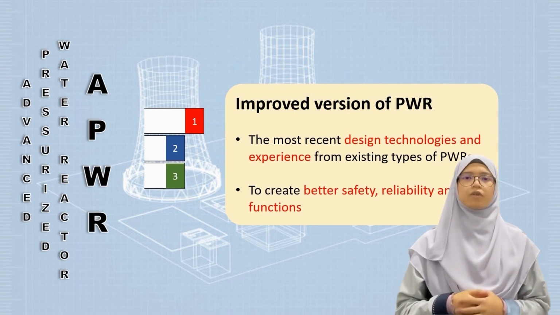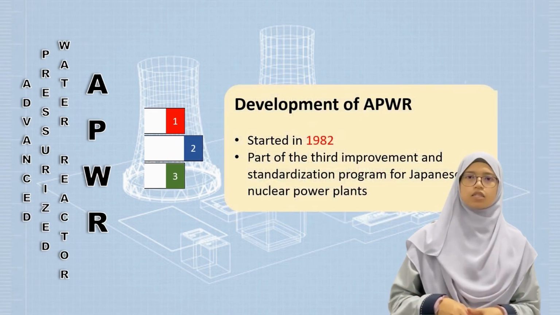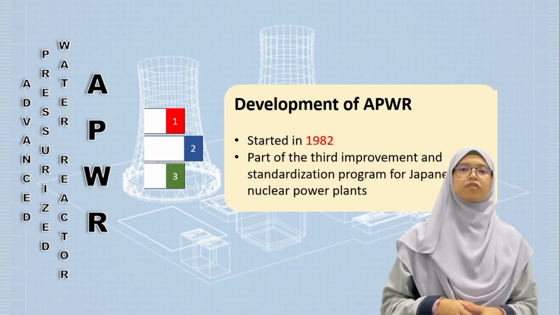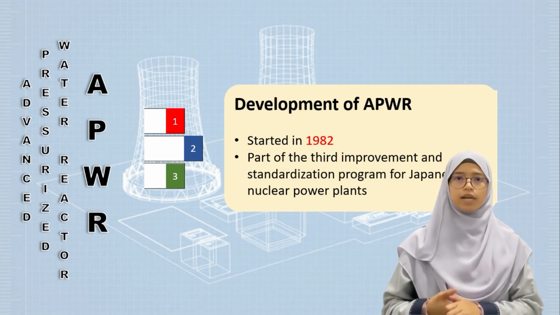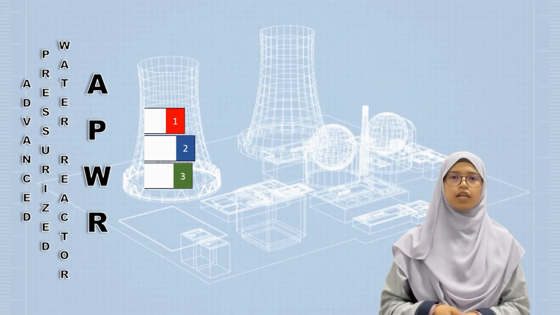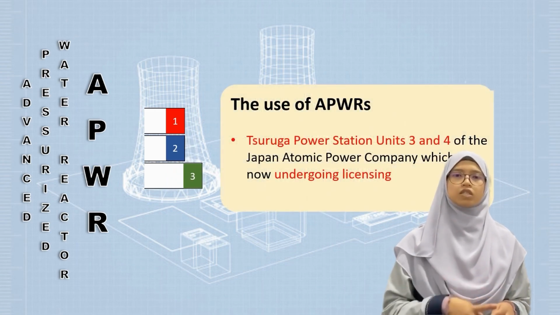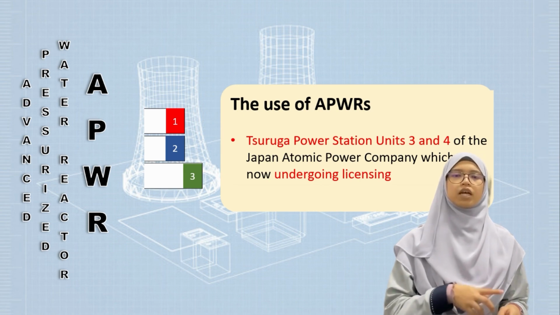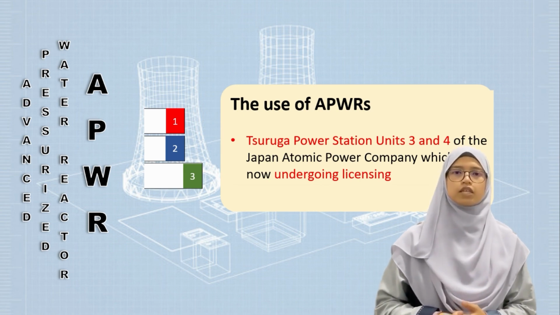Development of APWR has started since the 1980s as a part of the third Improvement and Standardization Program for Japanese nuclear power plants. Currently, an APWR power plant named Tsuruga Power Station Units 3 and 4 of the Japan Atomic Power Company is now in the process of licensing.